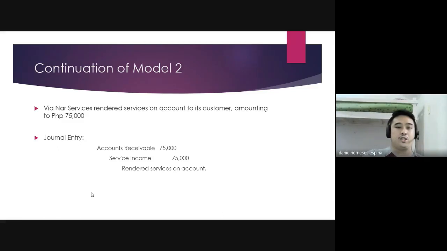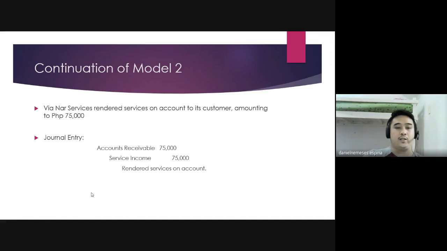So debit accounts receivable. If you remember, accounts receivable is an asset account. Since what we have to collect increased, we debit accounts receivable. So debit accounts receivable 75,000 and then credit service income also for 75,000 pesos.